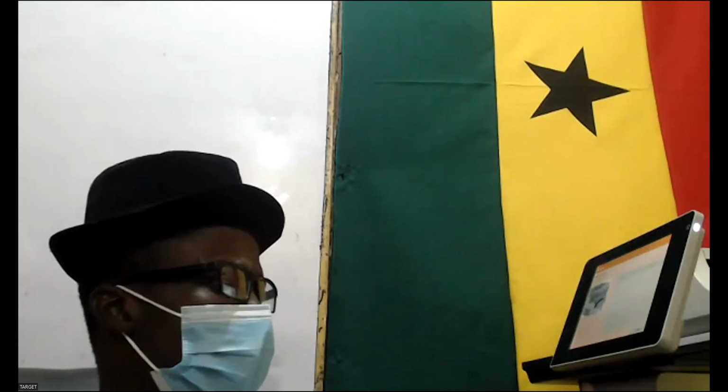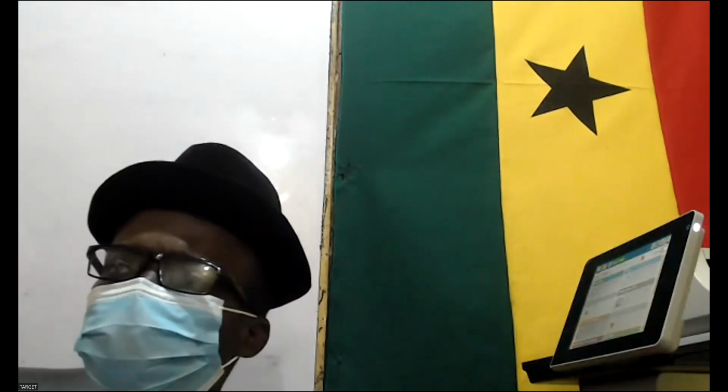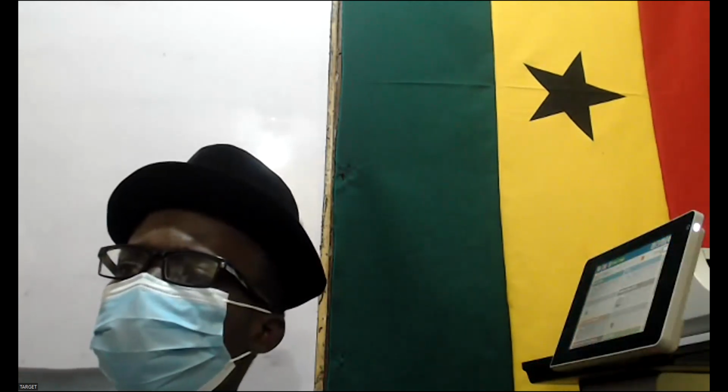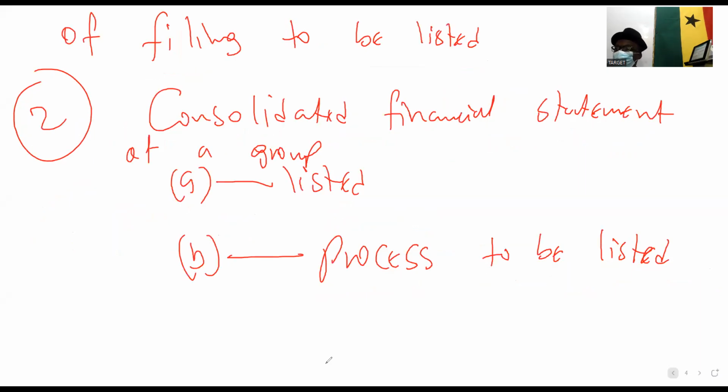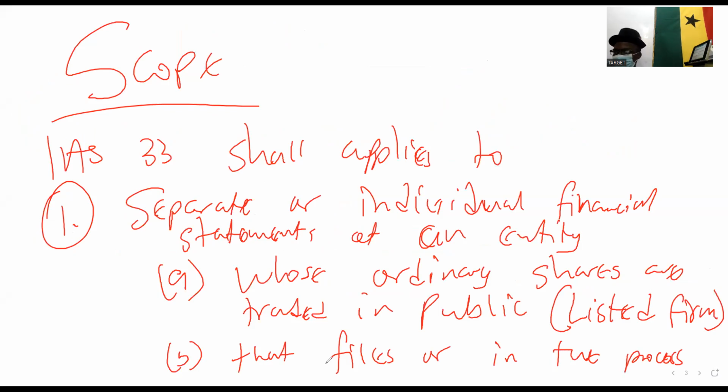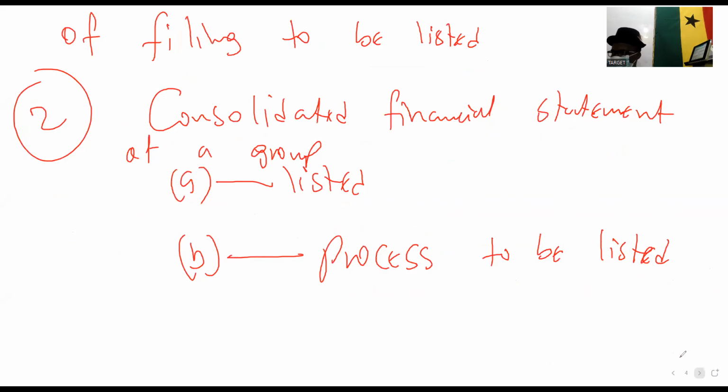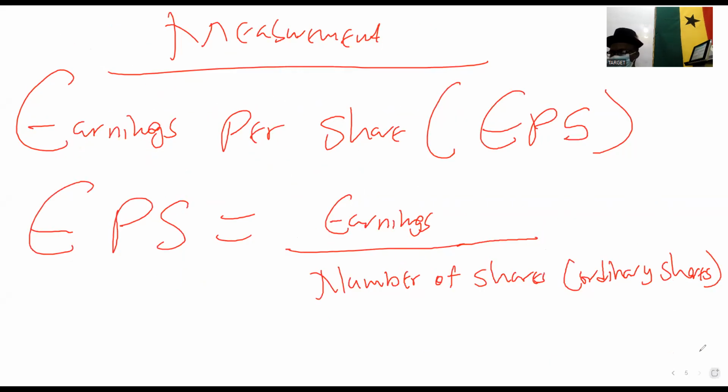The next one that we can talk about is, now there are two reporting entities. So it gives two different formulas for earnings per share: separate financial statement and a group. Let me do the separate for you.